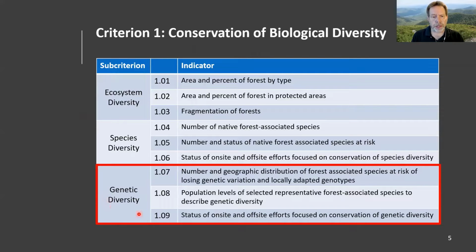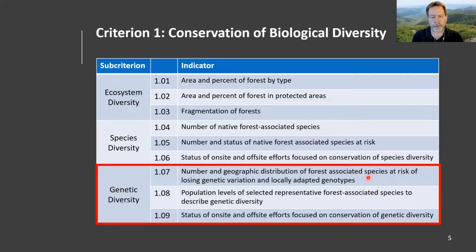It includes 9 specific indicators, 3 each of ecosystem diversity, species diversity, and genetic diversity. With genetic diversity, these genetic diversity indicators are fairly recent additions and have not been as well developed as these others.